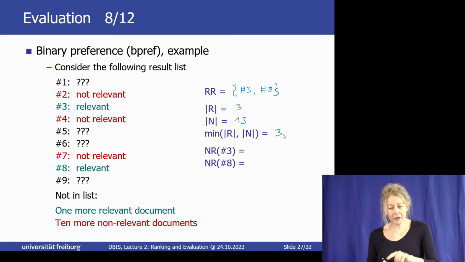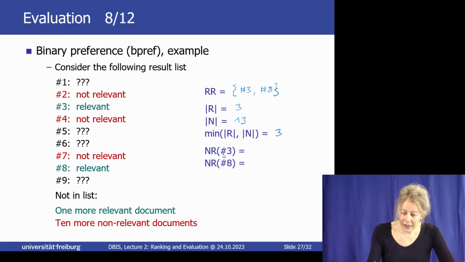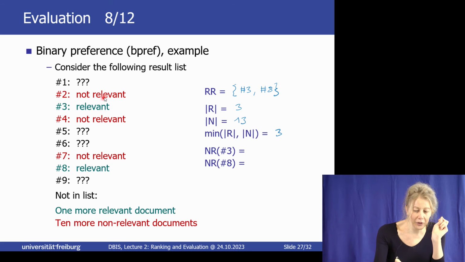These 2 numbers, I didn't talk about them yet, but they are also very easy to understand, also in the context of this. NR at 3, you can't really compute the precision now, right? I mean, before we said, okay, let's look at the top 3, how many of them are relevant? Well, you don't know whether that's relevant or not. But what you can do is how many non-relevant ones come before these relevant ones.